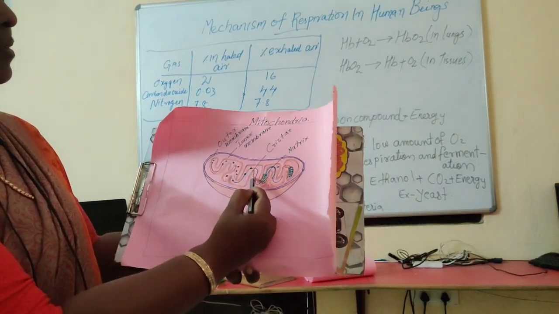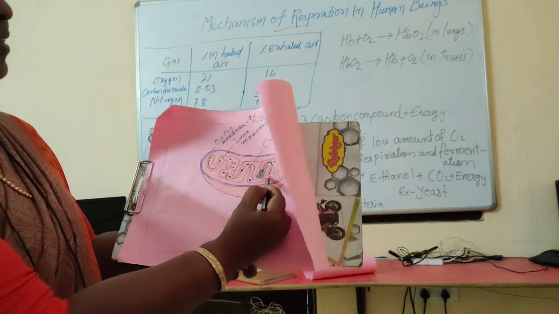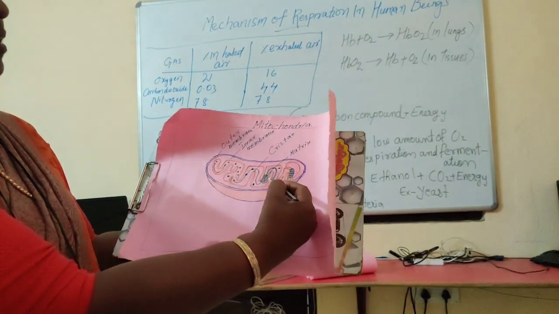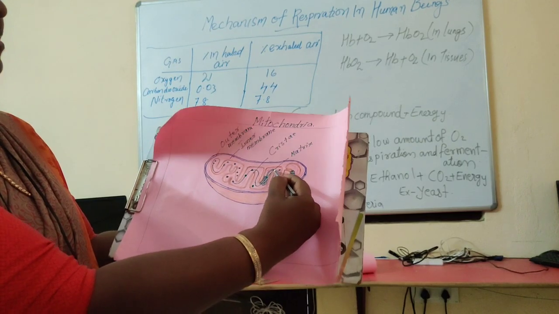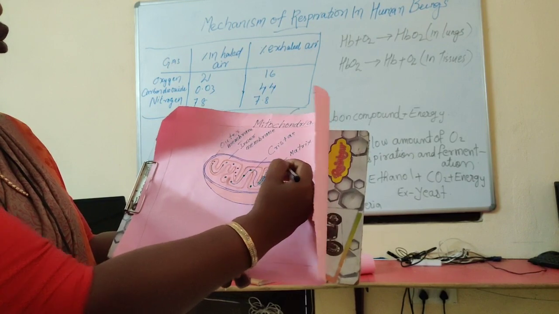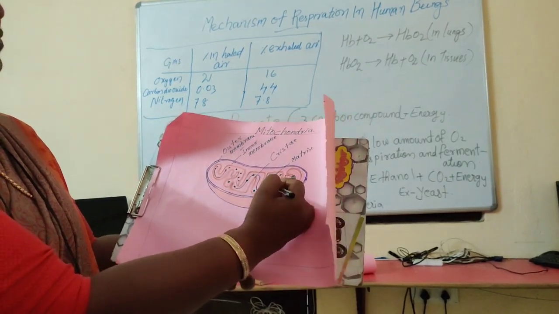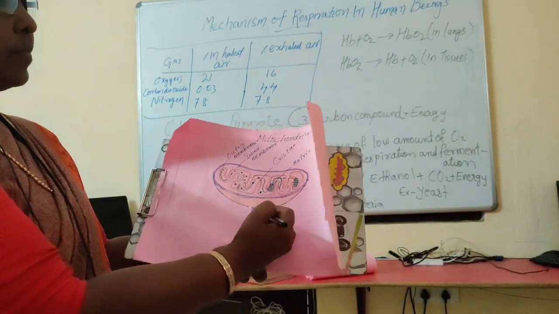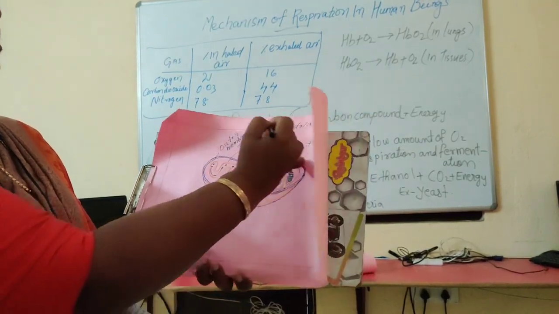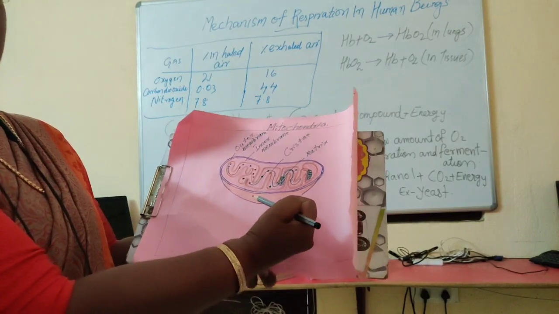Inside, you can see folding-like structures. These folds are called cristae, and here is the matrix. In this part the energy is stored. This is the important diagram in this chapter, the structure of the mitochondria.